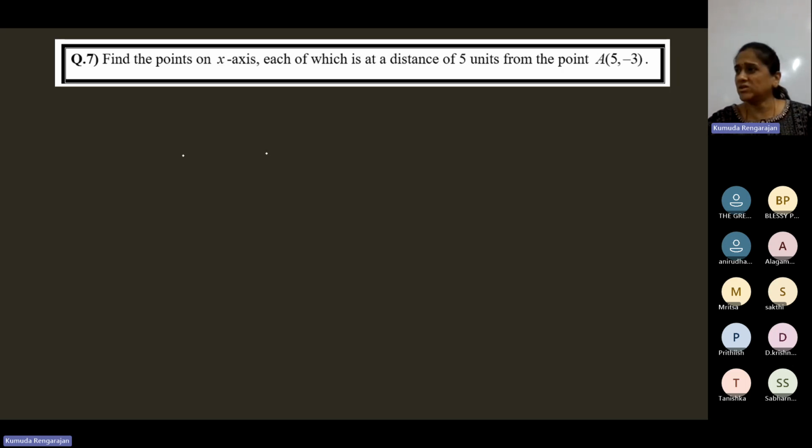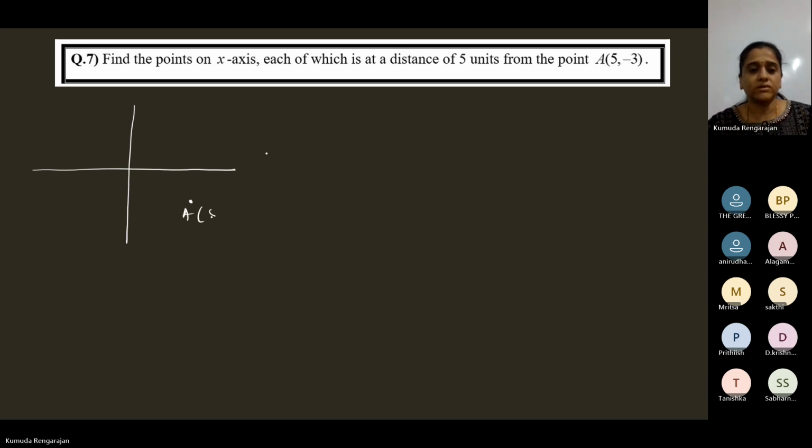Let's first understand what the question means. We'll plot this point A on the Cartesian plane. Where is 5, minus 3? Somewhere here. Now see, this is the x-axis.